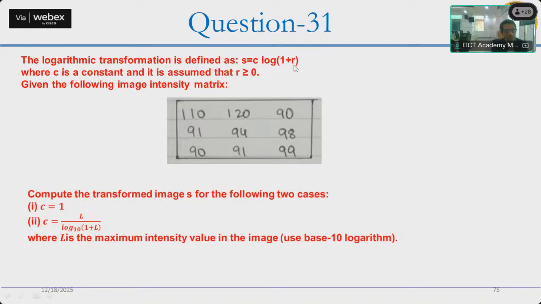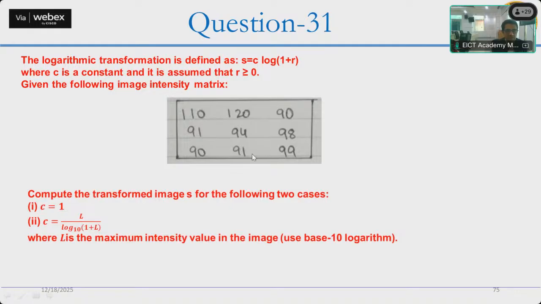Here r is the initial pixel intensity of the image, s is the transformed intensity, and c is some constant. It is assumed that r is always greater than 0, because r is the pixel intensity value, which is always between 0 and 255.